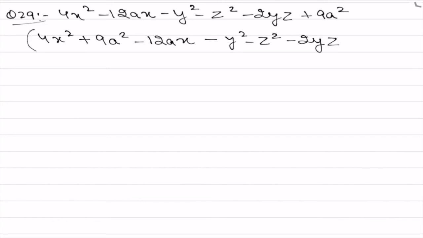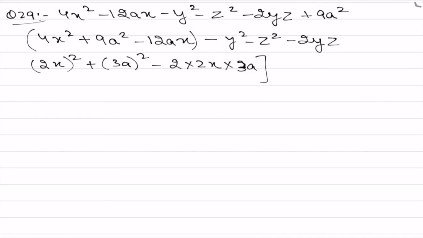Now the first 3 terms, 4x square is the perfect square of 2x, plus (3a) whole square, minus 2 into 2x into 3a, so it becomes (2x minus 3a) whole square. And in the second, here there is a negative sign, so when we are taking the negative sign common, the rest of the signs will change. So y square plus z square plus 2yz, which becomes the formula (y plus z) whole square.